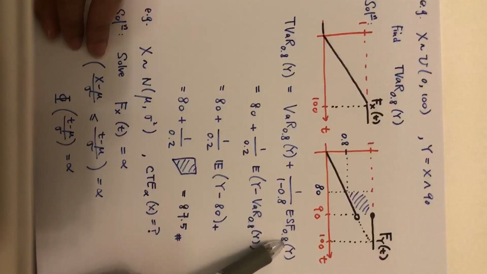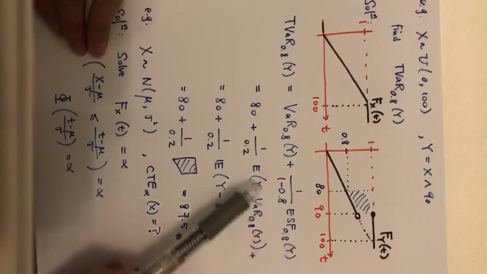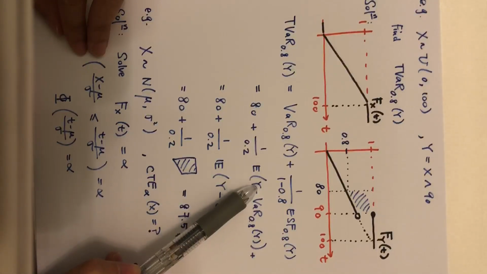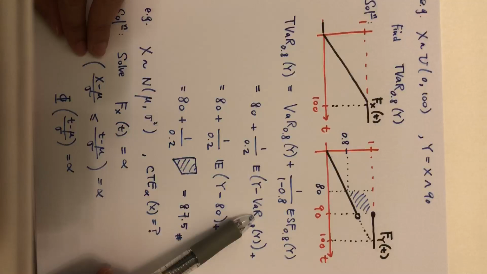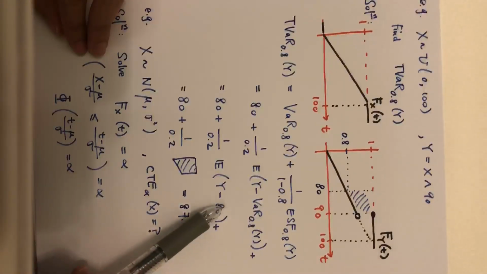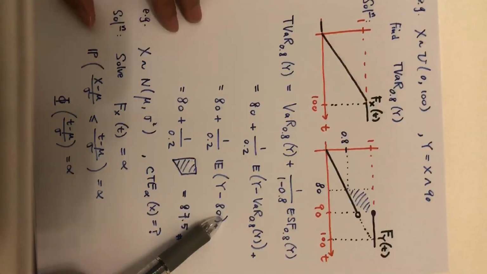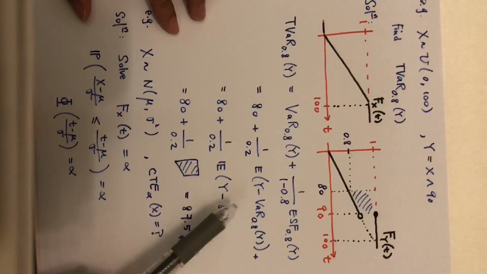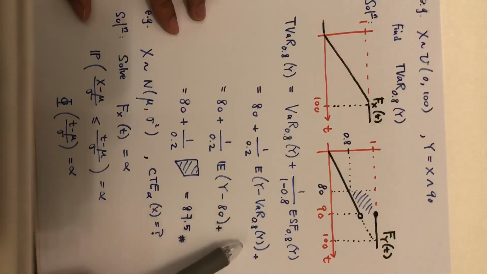How about expected shortfall? By definition, expected shortfall is E of the shortfall, which is given by y minus the 80% VaR, positive part. This 80% value at risk is 80, so it is E of (y minus 80) plus. And in the very first chapter of this course, we know that this kind of expected value can be obtained by finding the area from 80 to infinity above the CDF curve.